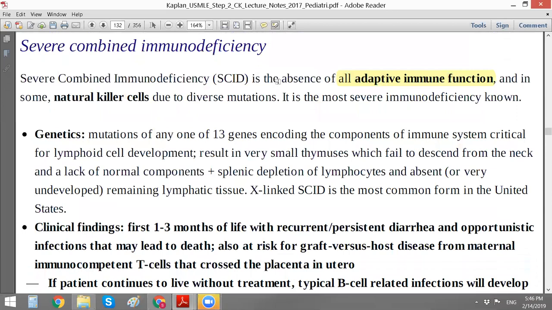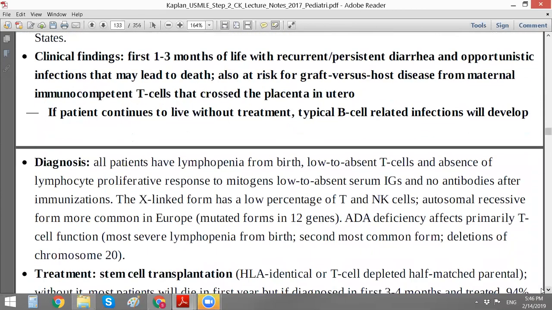Everything is absent, so this is the most severe immunodeficiency known, because the natural killer cells and everything are affected. The most common form is X-linked. Clinical findings in the first 1 to 3 months are recurrent diarrhea and opportunistic infection. B cells are low and T cells are low. Without care, B cell related infections develop. The X-linked form has a low percentage of T cells, but the autosomal recessive form is more common.